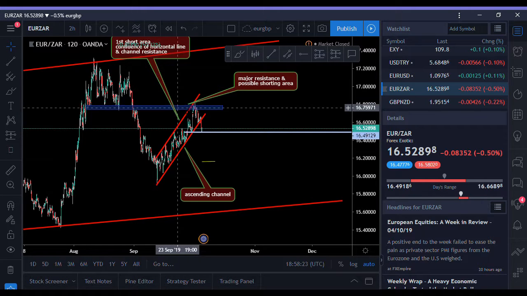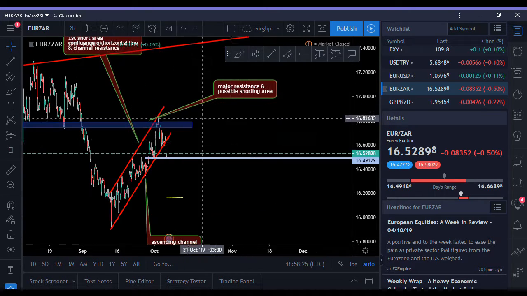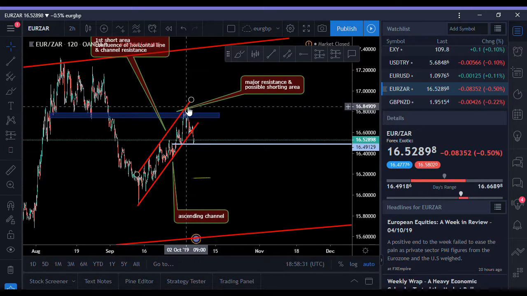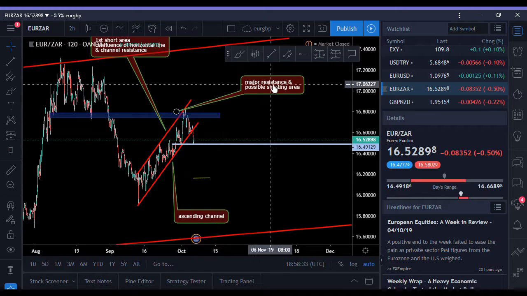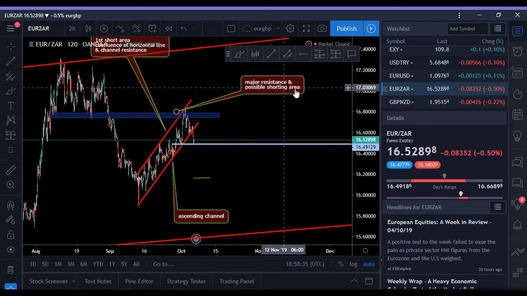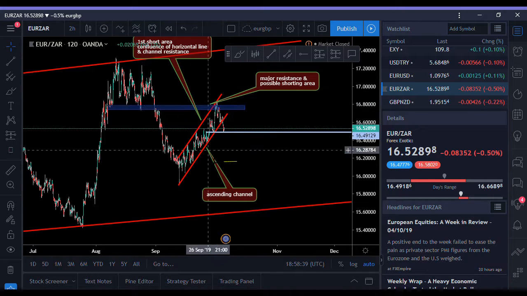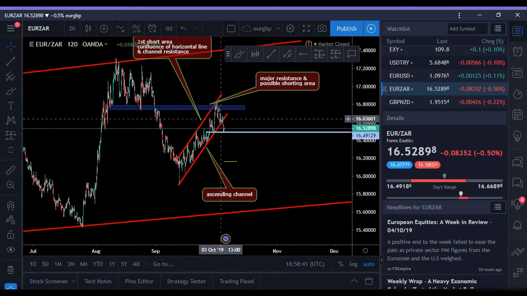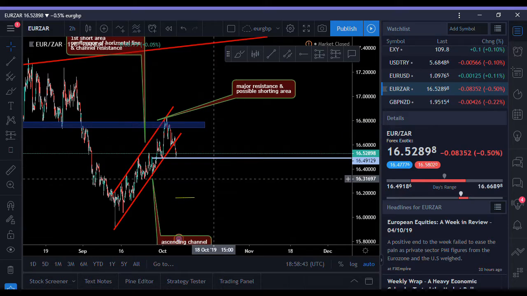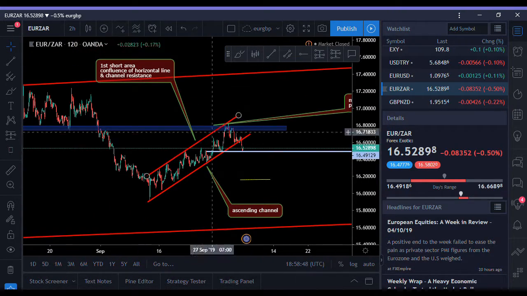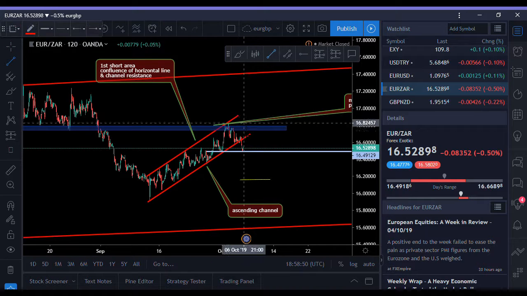Price didn't go straight to the corner, but it broke, found resistance here, and found resistance on the red line. As I said here, major resistance for possible short area. So after you had price breaking here, as you all know, you have something like this.